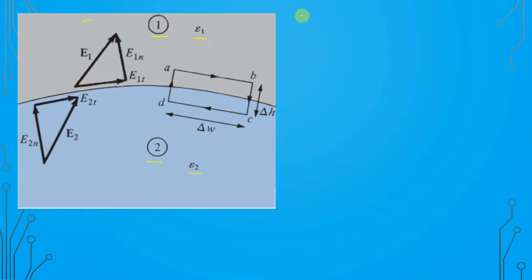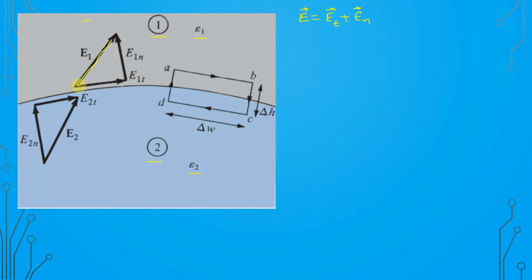So let us say we want to study electric field, so we need to study at the interface two components, tangential component and normal component. This ET is tangential component and this EN is normal component. In these two mediums, you can see this is the resultant field E1.